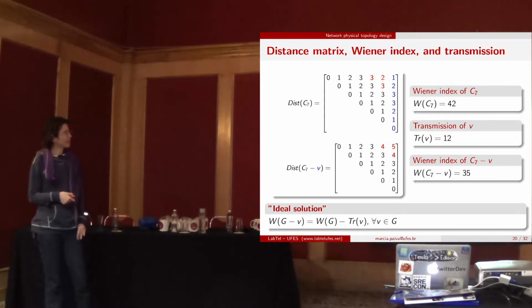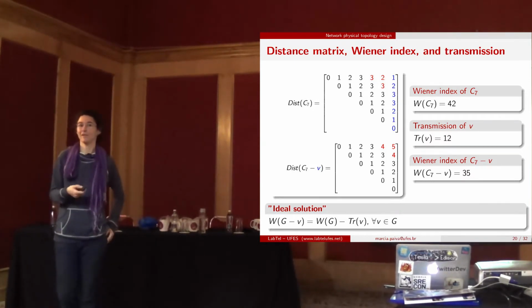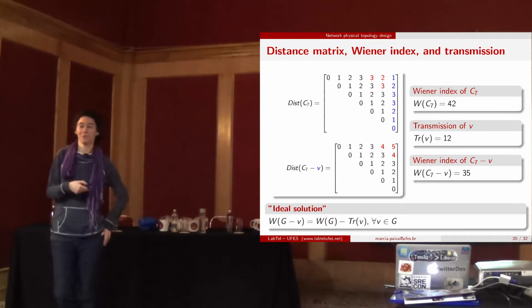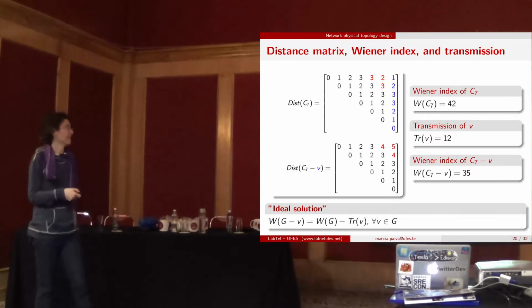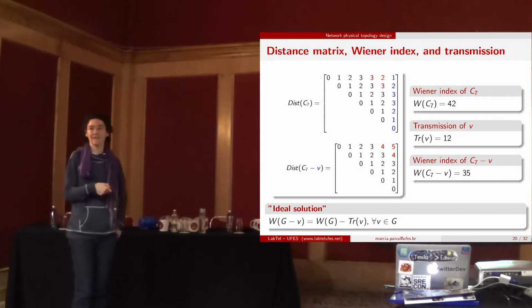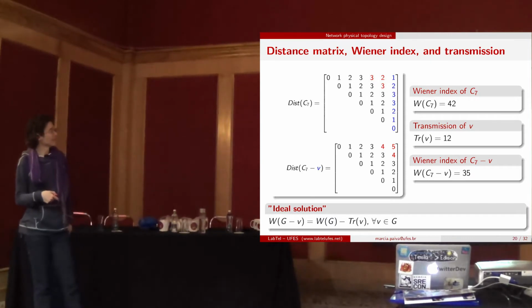So here in red, we have the distances that have changed after a failure that is modeled by removing a node. What we do here is compute the Wiener index of the cycle, that is 42 for this C7. Then the transmission of a node, that is 12.